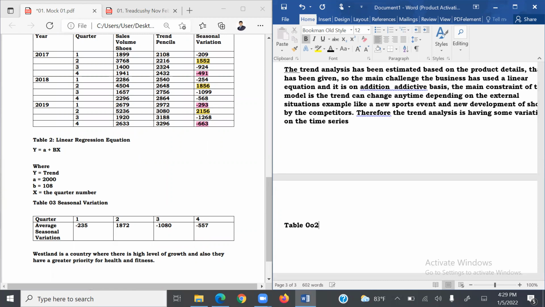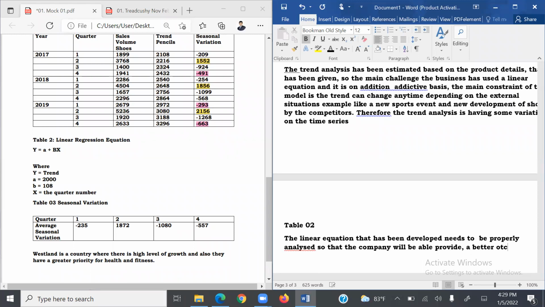So I'll write down here table 2. The linear equation that has been developed needs to be properly analyzed, so that the company will be able to provide a better outcome in a logical method.